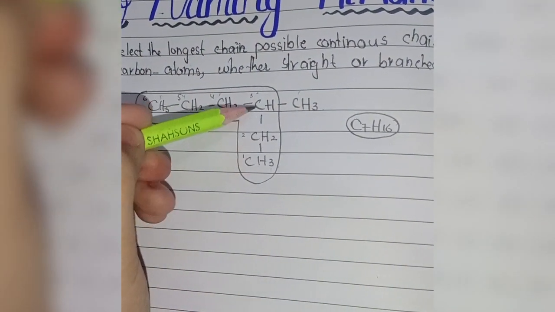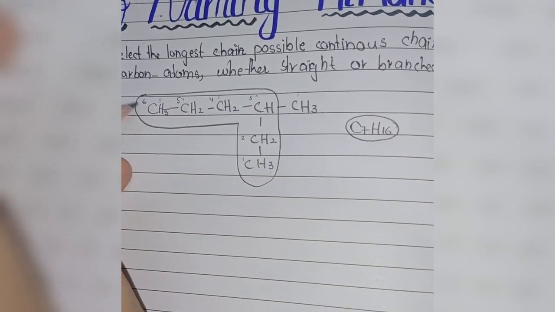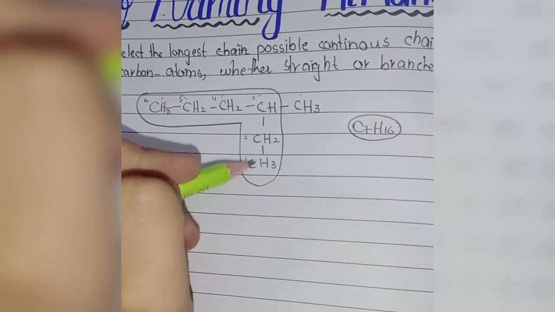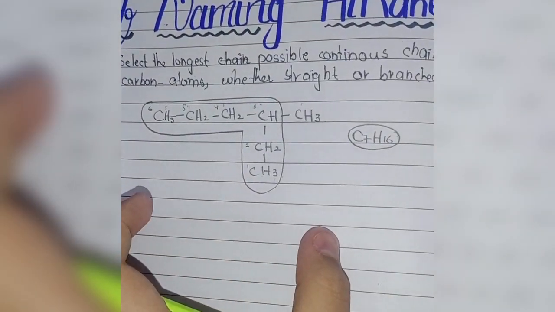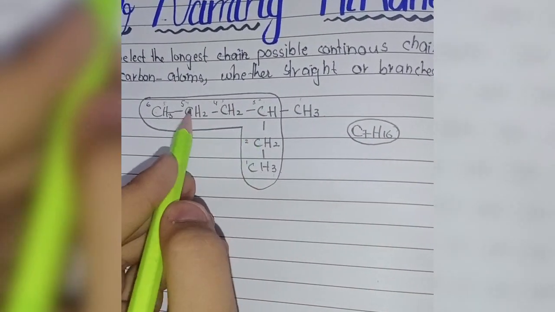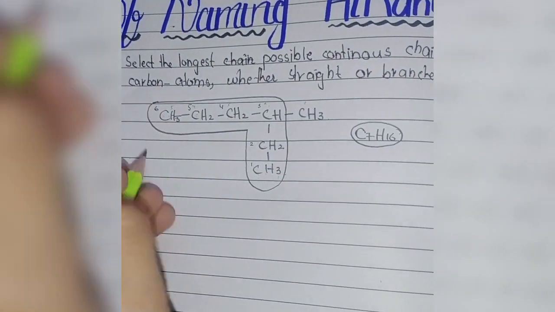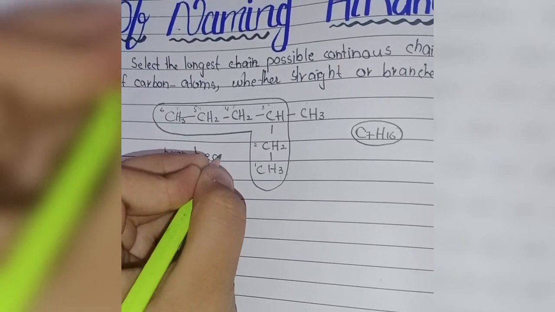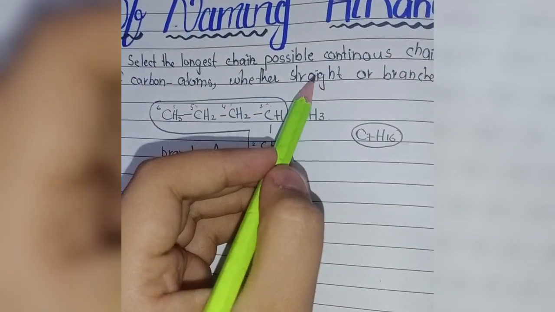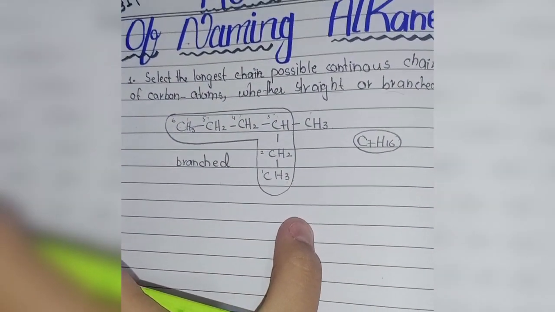Here it is 6, while from here it is 5, so from here it is the longest possible chain of carbons. So this is correct, 1 2 3 4 5 6. This is the longest and continuous chain, and this is the branch. They are saying whether it is straight or branched, so this is the branch chain. Okay, so this was the first rule.